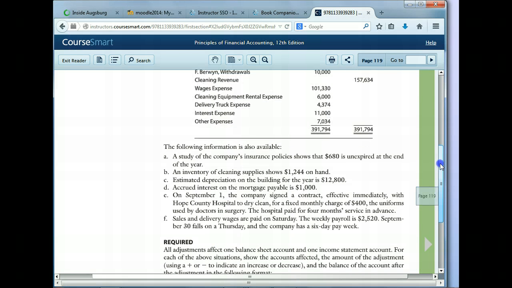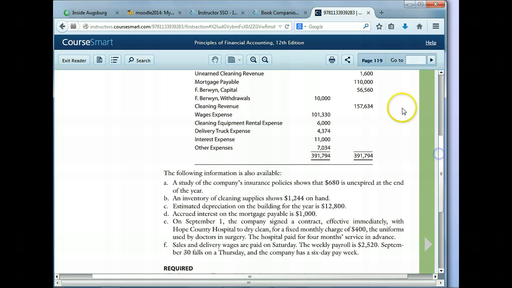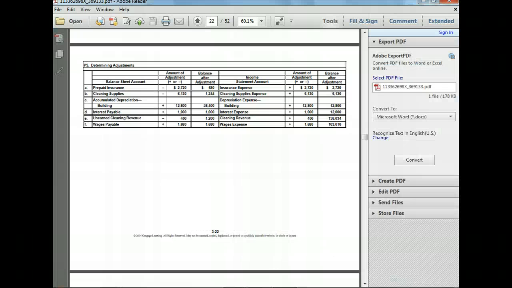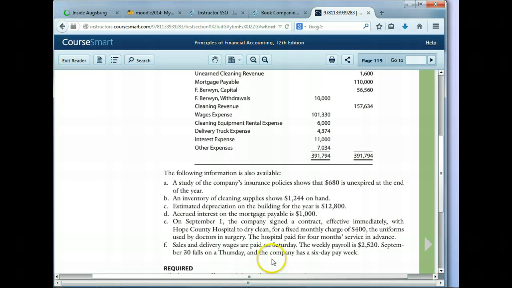Previous to doing this journal entry, we showed cleaning revenue of $157,634. After this adjustment, we'll now have a new balance in cleaning revenue of $158,034. And then last, we have sales and delivery wages that are paid on Saturday. The weekly payroll is $25.20.